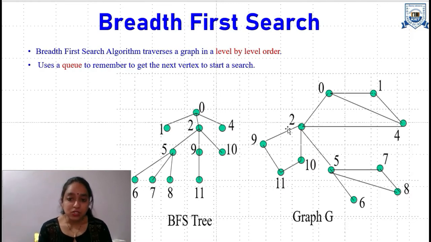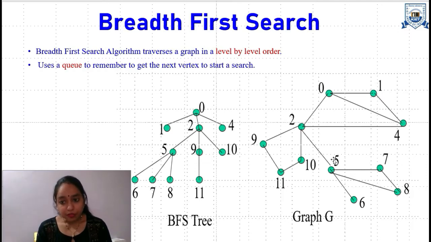For vertex 2, the adjacent vertices are 0, 4, 9, 10 and 5, of which 9, 10 and 5 were not visited. So the next level, level 3, will have vertices 5, 9 and 10, and the parent of these will be 2.